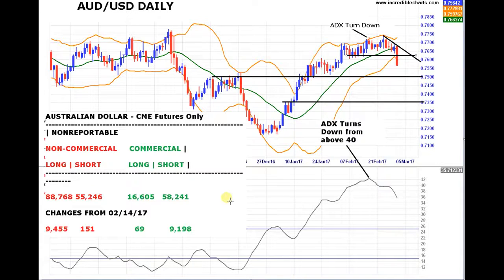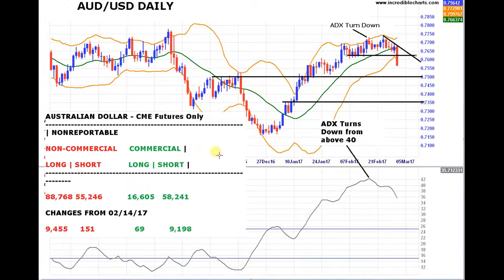You can also compare two groups, which I've put on here, non-commercials against commercials. In terms of the two groups and the way we use them, non-commercials are speculators, big speculators like hedge funds, etc. They tend to have a poor performance at getting important market tops, i.e. they're caught heavily long or heavily short at market bottoms. On the other side, we've got the commercials.